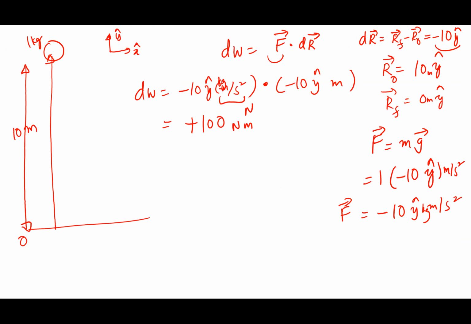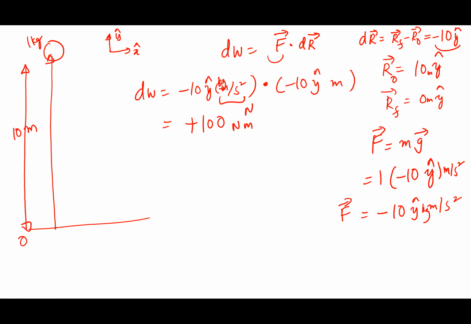It is still the same thing. dW is F dot dr. Except now, I cannot really say, like how I had done before in the case of the object falling in a straight line, because there I could just subtract like this since it was a straight line.